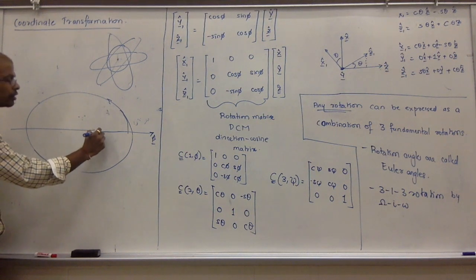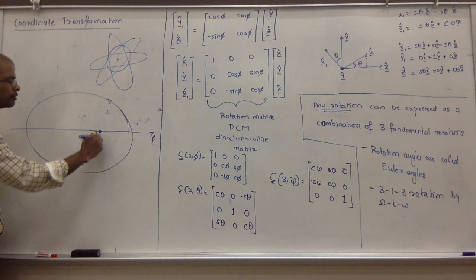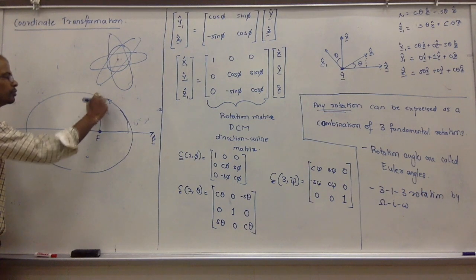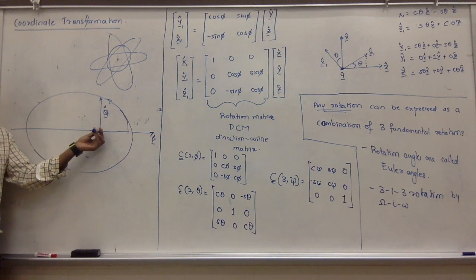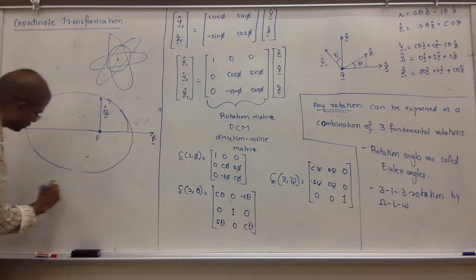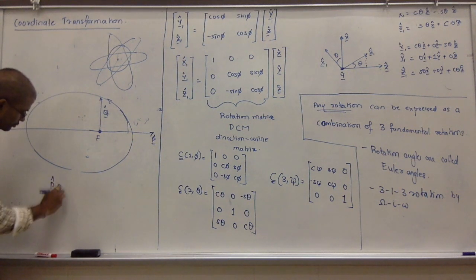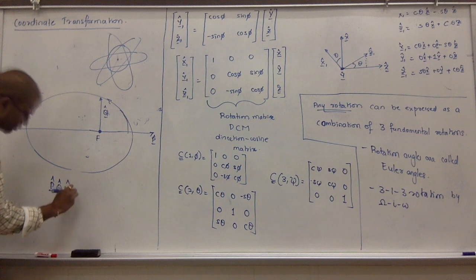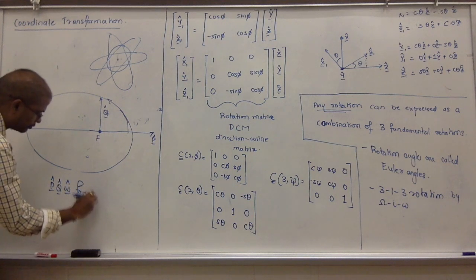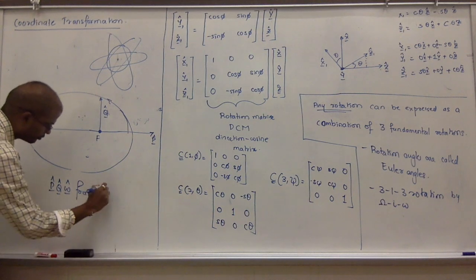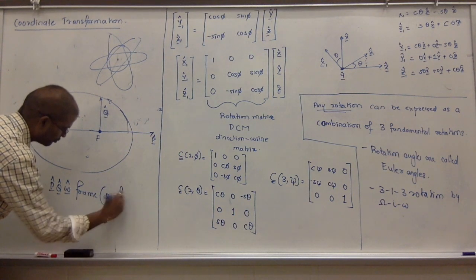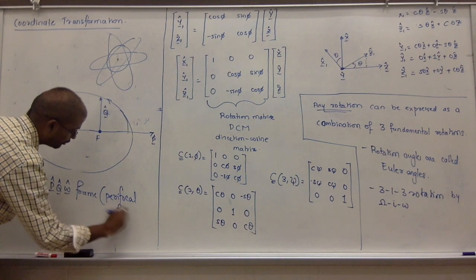So Q will be simply, this is P, this is Q, and this is W. Alright? PQW is generally called the orbit frame, or simply the PQW frame. It's also called the perifocal frame.